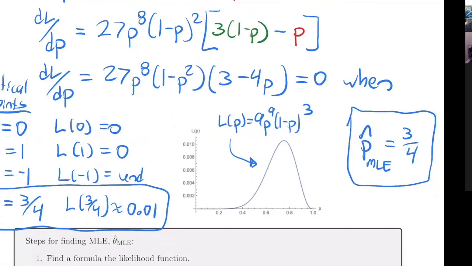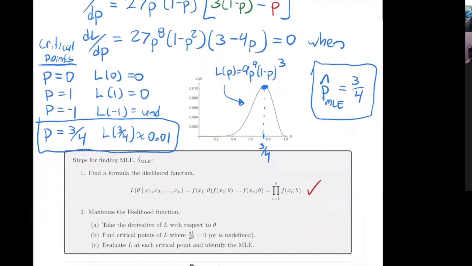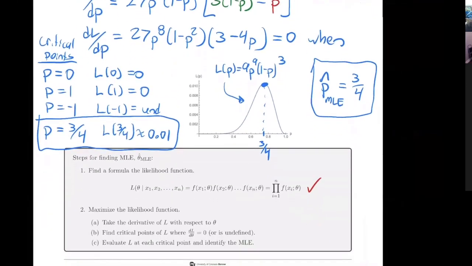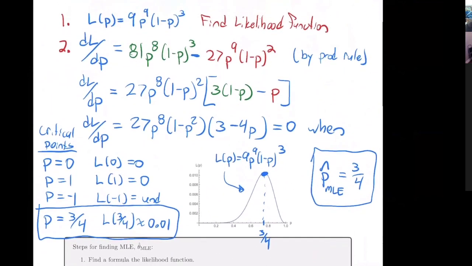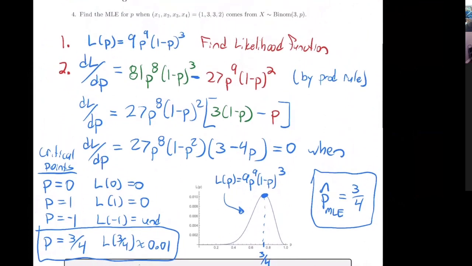I graphed the likelihood function below, and here you can see that our calculus matches up with the graph. We can see that 3/4, 0.75, seems to be the value of p that makes the likelihood function greatest. Any questions?